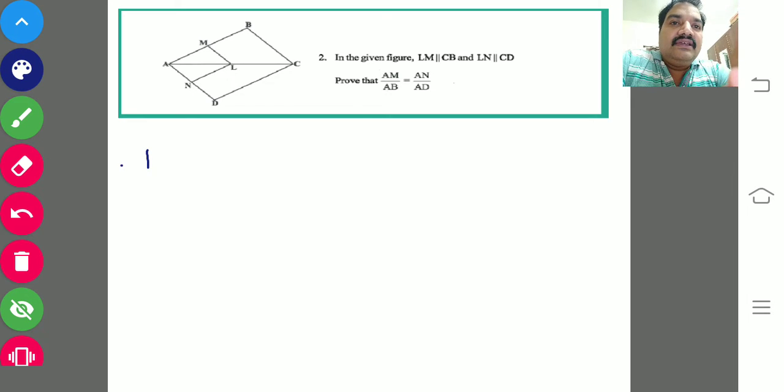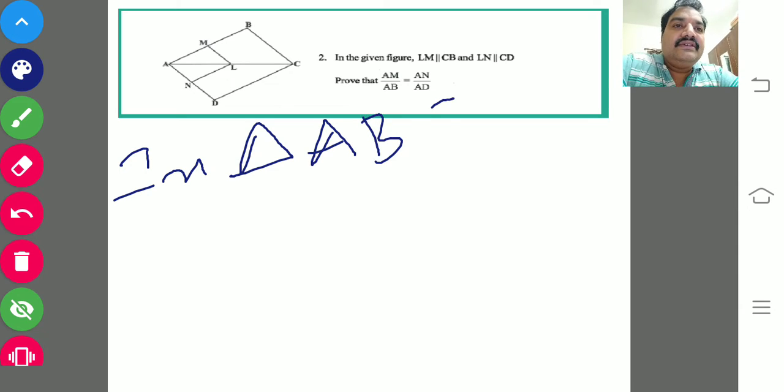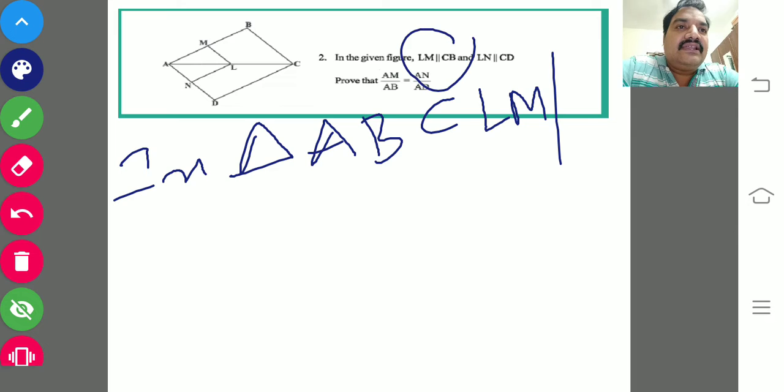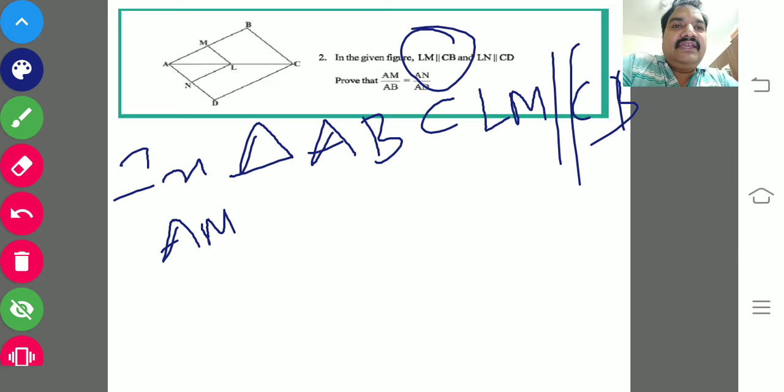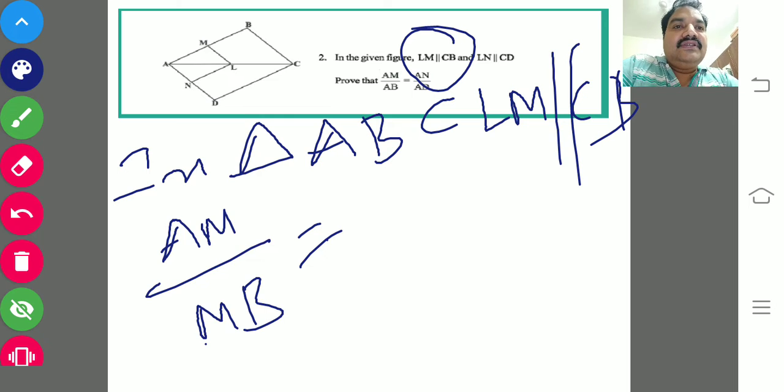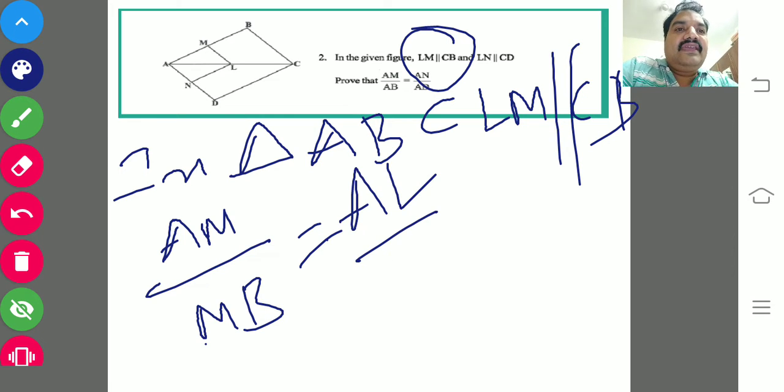In triangle ABC, LM is parallel to CB, as given in the question. If two lines are parallel, it is related to the basic proportionality theorem. Immediately you have to apply AM by MB equals AL by LC.